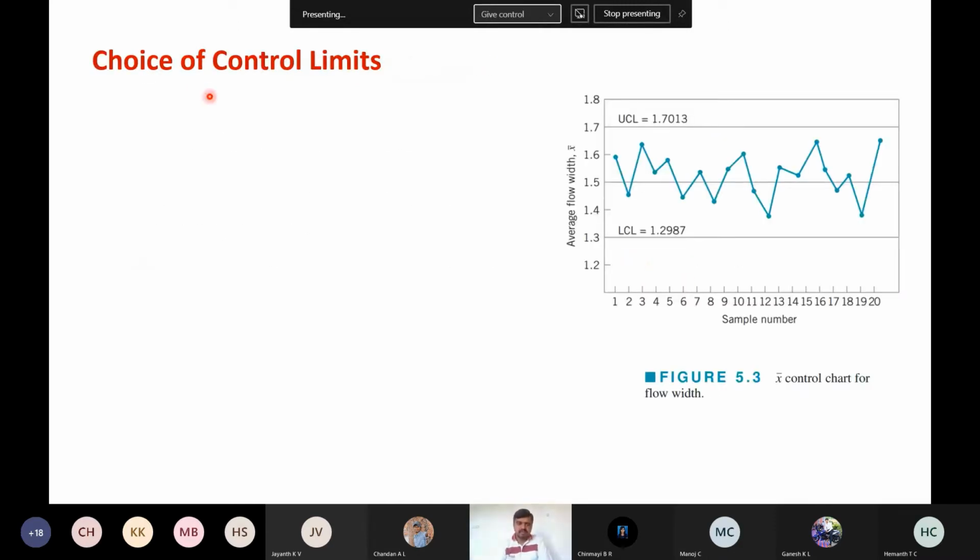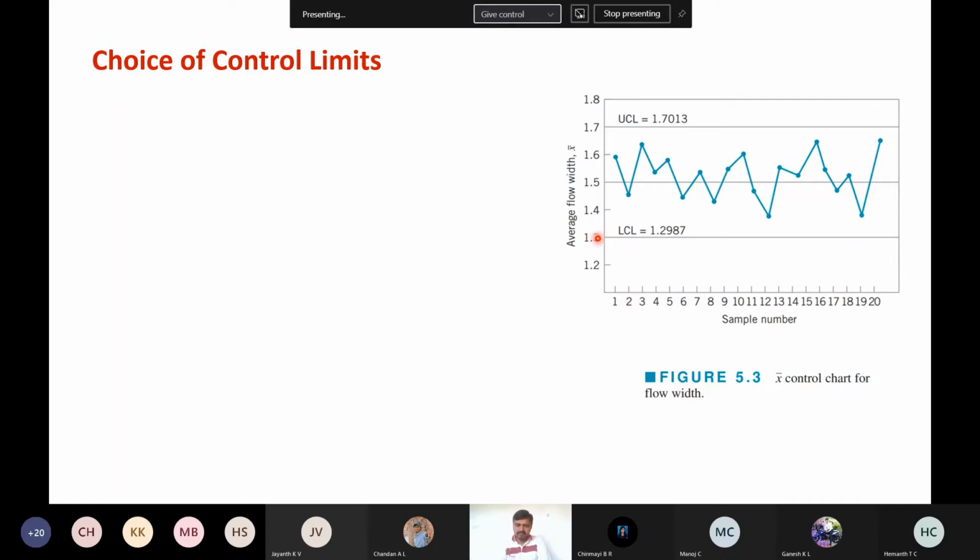Next, choice of control limits. In the previous session we discussed the structure of a control chart. It consists of a center line, that is nothing but the mean of the population, and there are limits, upper control limit and lower control limit. This is an example where they have considered flow width, like the example of the hard bake process from the previous session, where the quality characteristic is flow width.